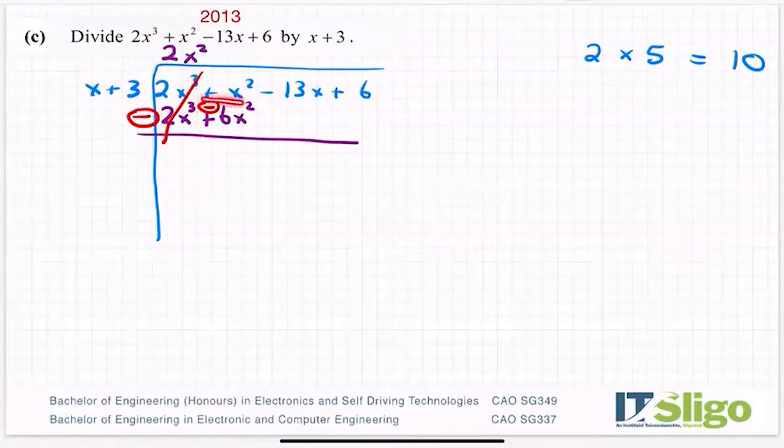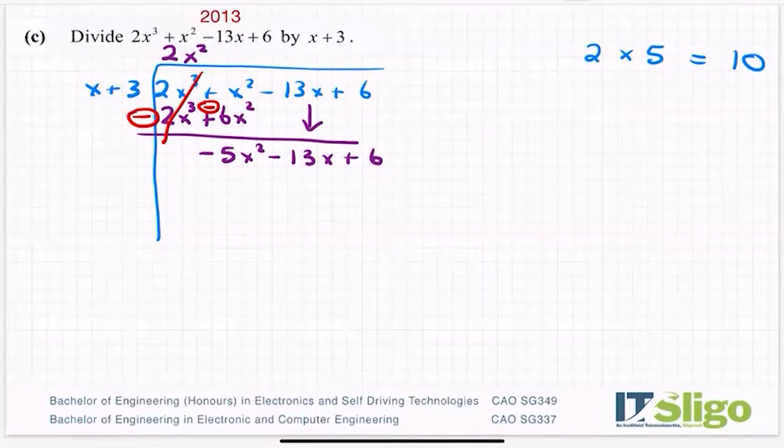And then I have plus 1x minus 6x, so that will be a minus 5x squared left. Okay, I haven't used these yet, so take them down and add them on to the remainder of the other two terms. And then it's like you're starting all over again, okay?